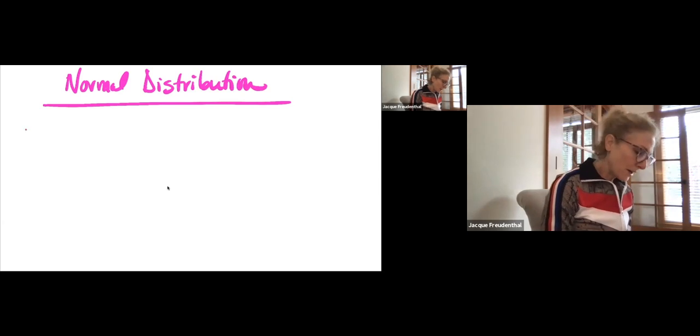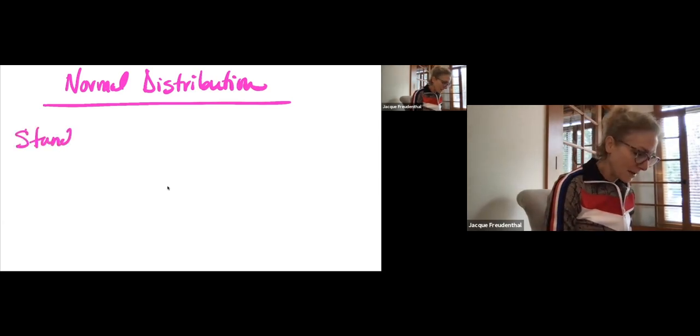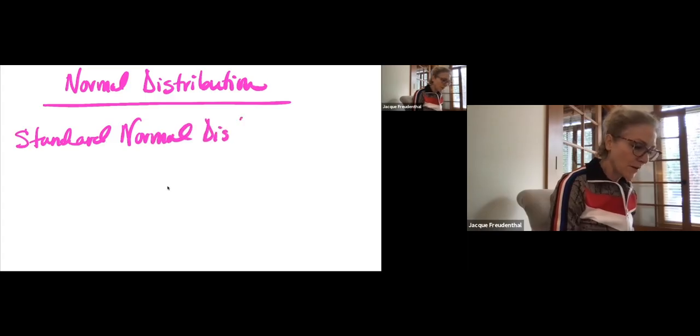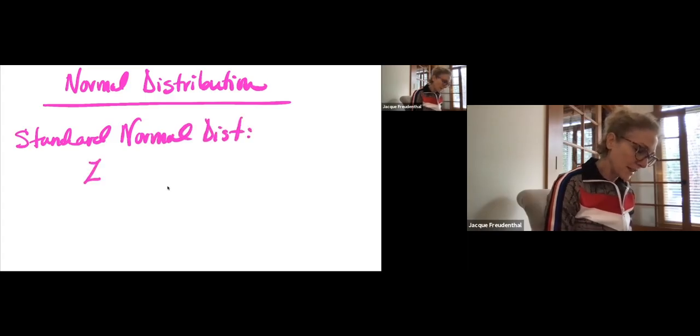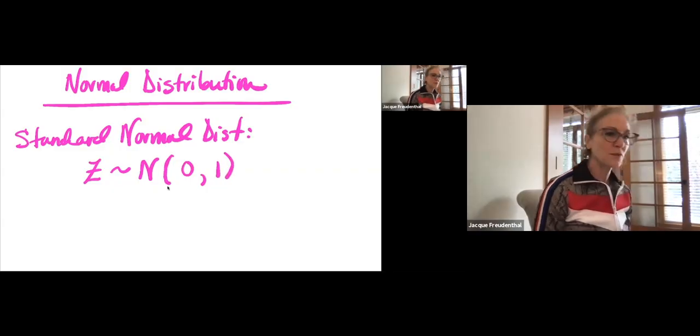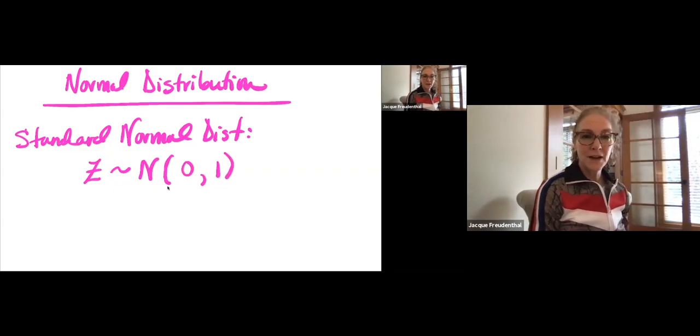Okay, so if we're talking about the standard normal distribution, we know that that involves z-scores, where z will follow a normal distribution with a mean of 0 and a standard deviation of 1. I'm writing down the random variable z follows a normal distribution, and then listing the mean and the standard deviation.